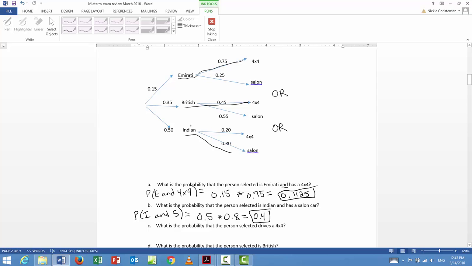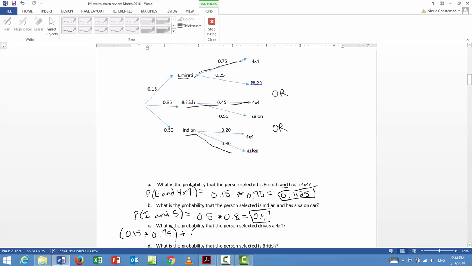Okay, so what we've got to do is we've got to multiply these across and then add them. Okay, so we're going to multiply 0.15. We've actually already done the first one, haven't we, in the first problem, but I'll write it out anyway. 0.15 times 0.75, that's going to be the probability of Emirati and 4x4.